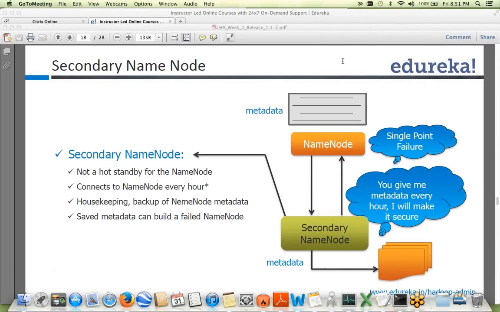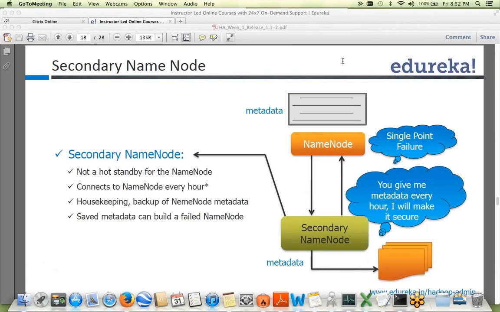So that's why whenever you plan for a Hadoop cluster, you have to do proper capacity planning to make sure that even after your data is added, you still have 30 to 40% storage space available to run the jobs, because when jobs run, they are going to generate some intermediate data that is going to be written on data nodes also.